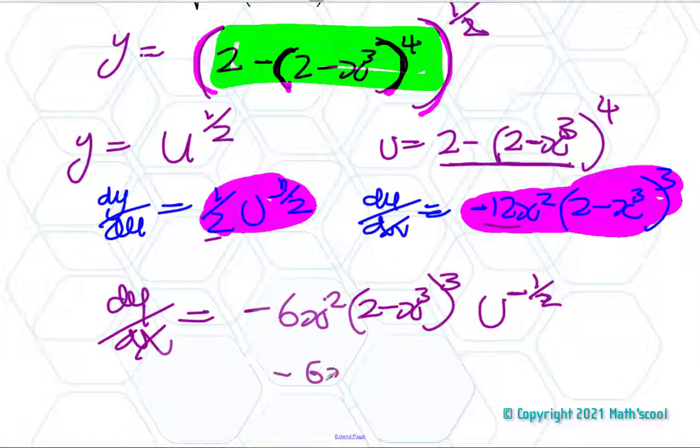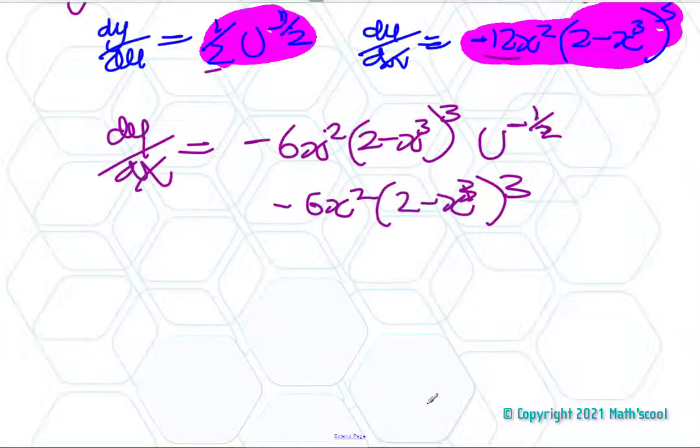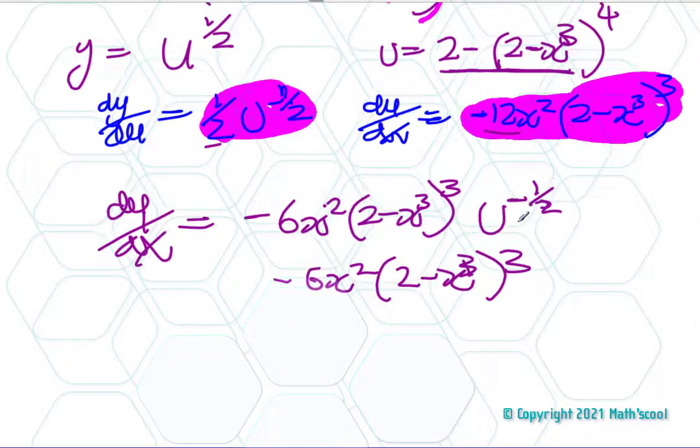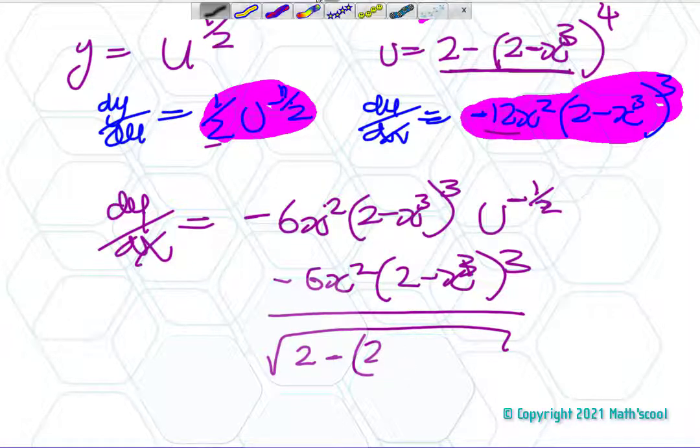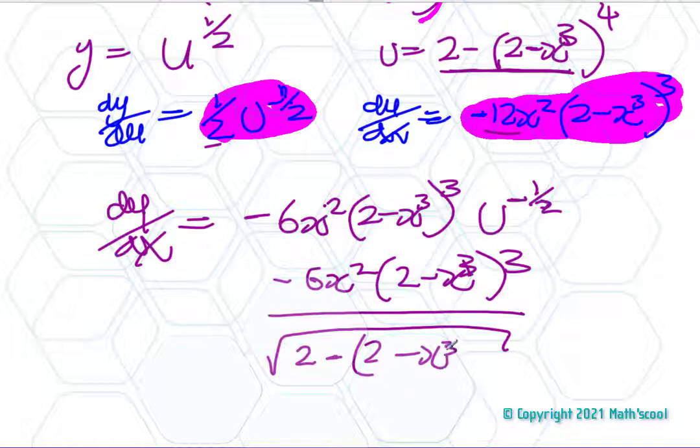So minus 6x squared (2 minus x cubed) to the power 3, and then it's u to the minus a half, so it's over the square root of u, and u was (2 minus x cubed) to the power 3. Okay, so there's my answer.